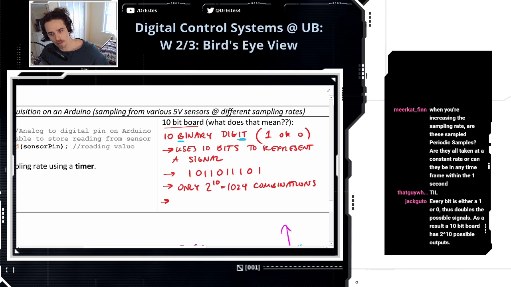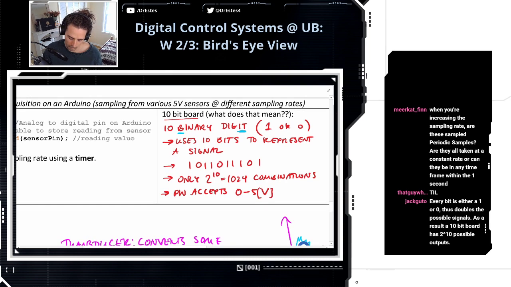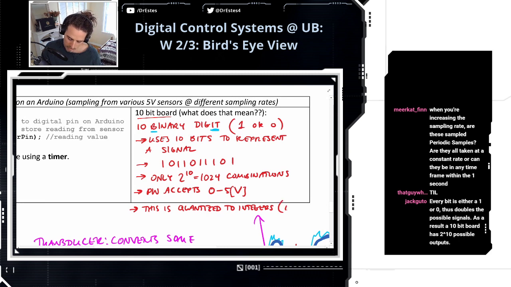So on an Arduino, each input pin accepts voltages between 0 and 5 volts. So this is quantized to integers 0 to 1023.